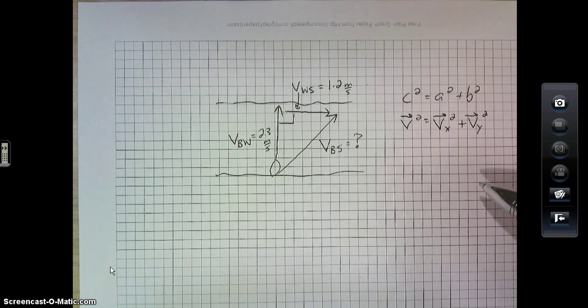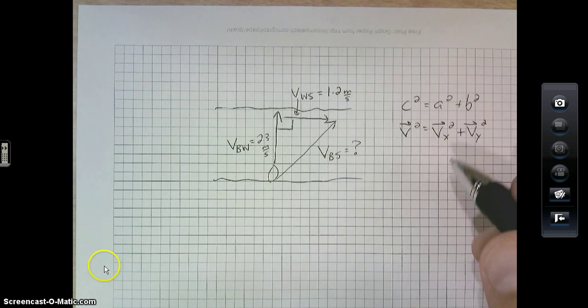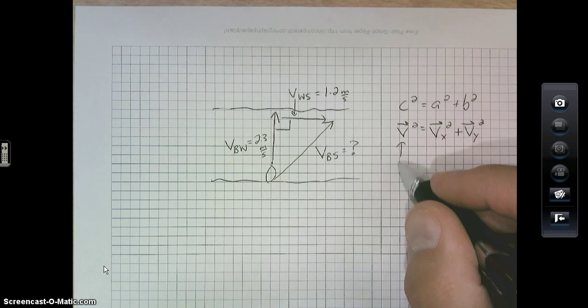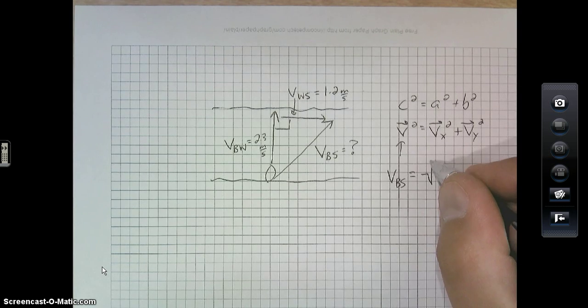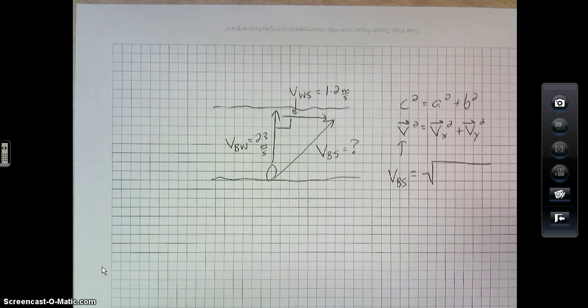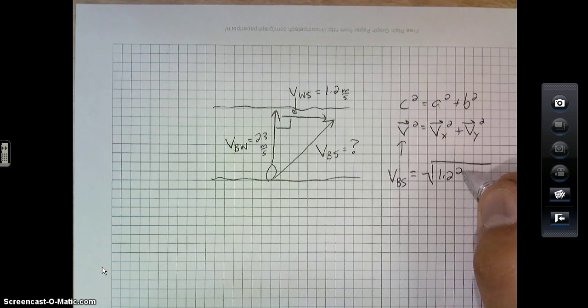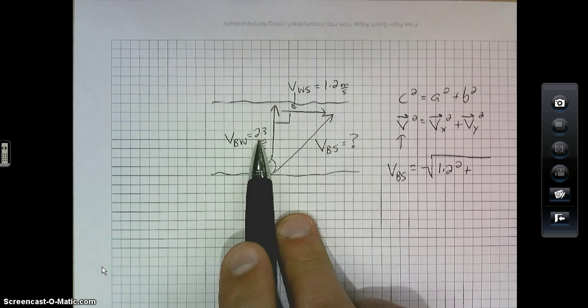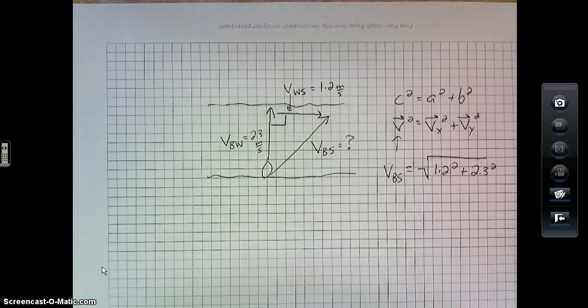So if we're solving for this vector length, V_BS, that would be the square root, to get rid of that squared value, of the x value, 1.2 squared, plus the y value, 2.3 squared. Just like that.